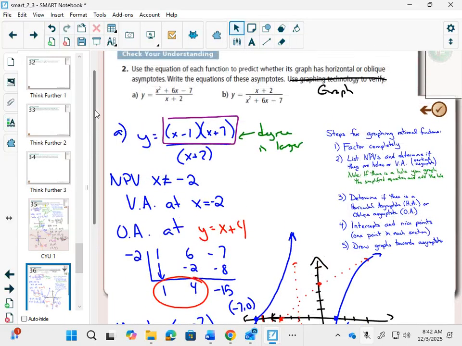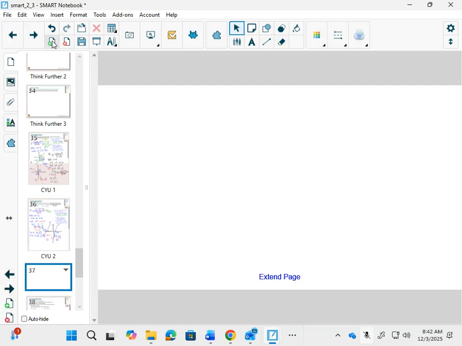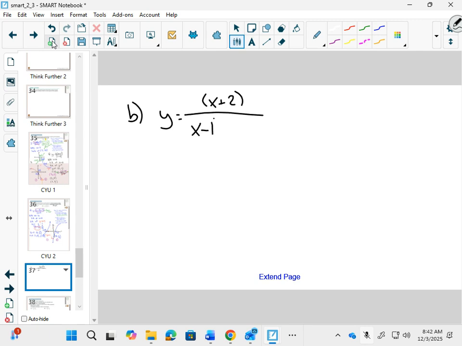Okay, let's look at part B. And it's the exact same equation, just flipped, so I can factor it right away.